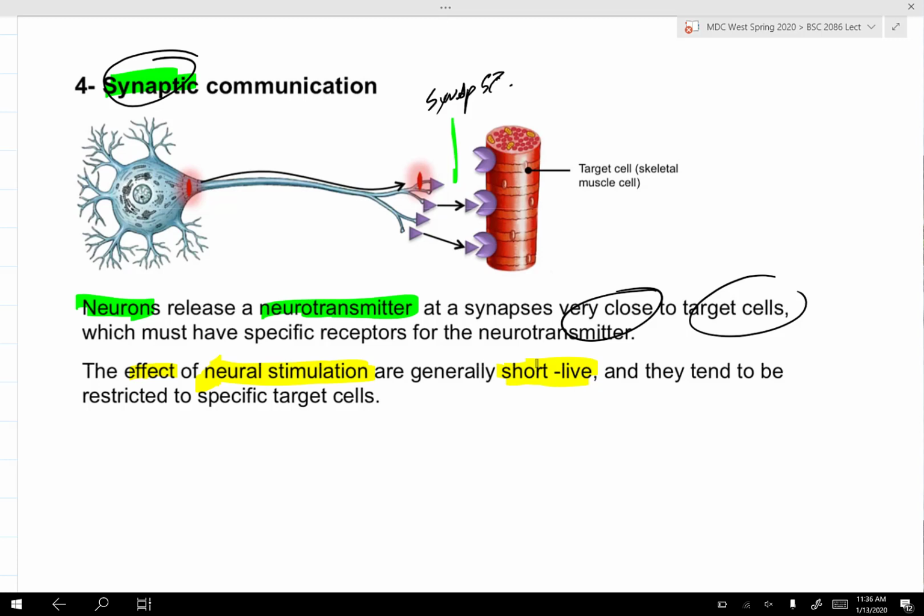The life of the hormone, we call it half-life. That's for a molecule, half-life means the time that it's able to do 50% of its function. On synaptic communication, it's fast, but as fast as it is, it only lasts a short period of time, so it disintegrates right afterwards. Okay?